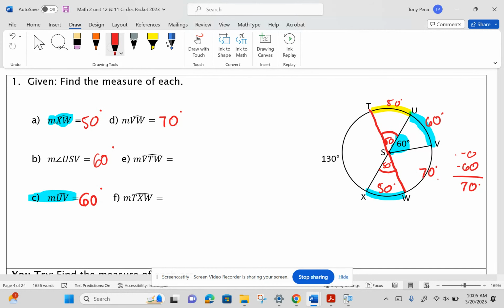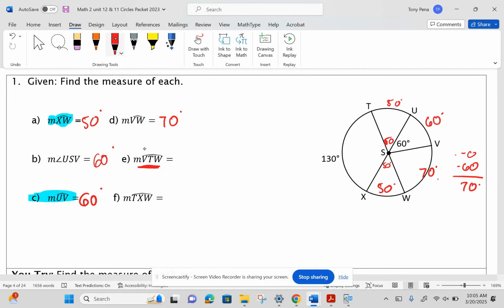All right, and then VTW, arc, where is that? So VTW, again, understand how we're naming all these. Let me get rid of all the shading. I'll leave the values that you need. Get this guy. Is this a minor arc or a major arc? Major, because we use all 3 letters.